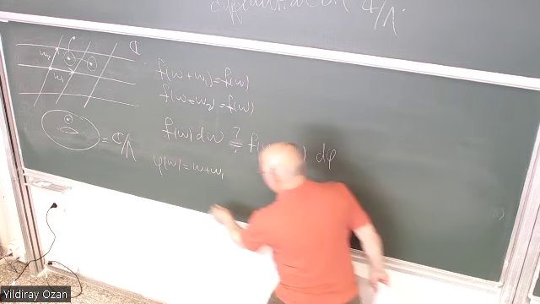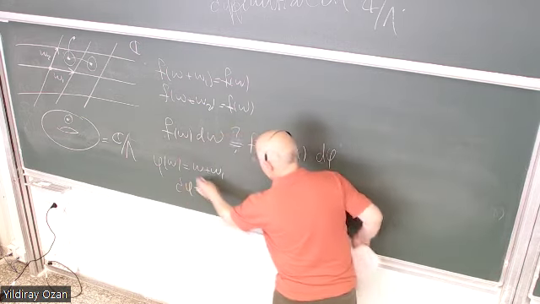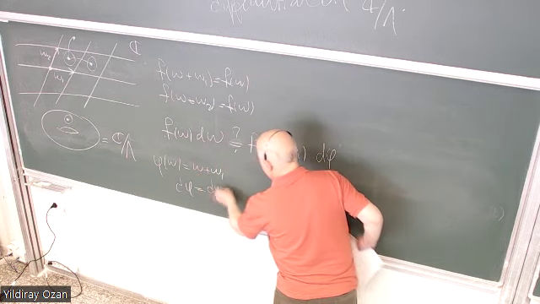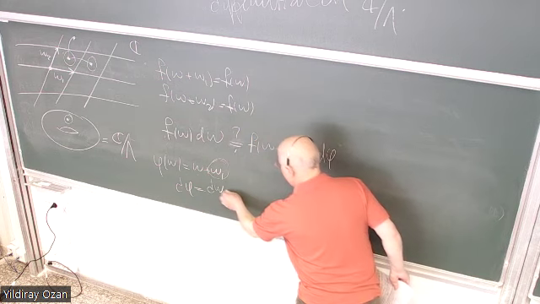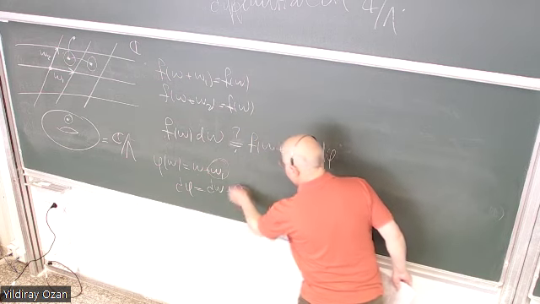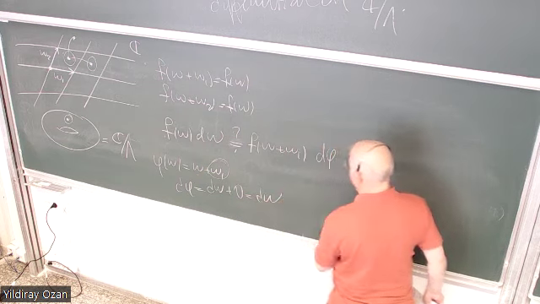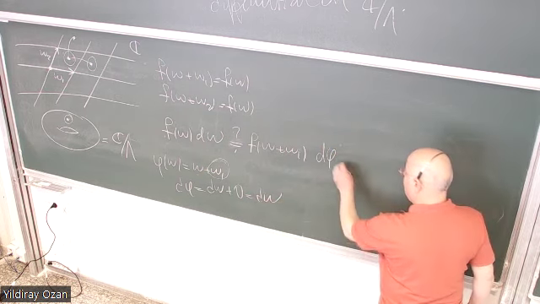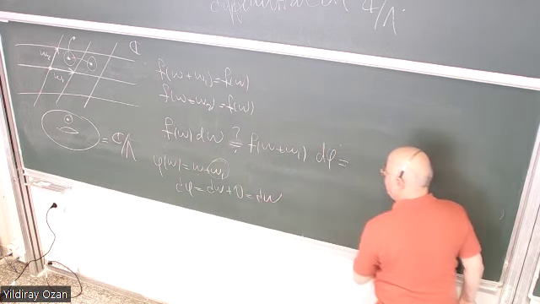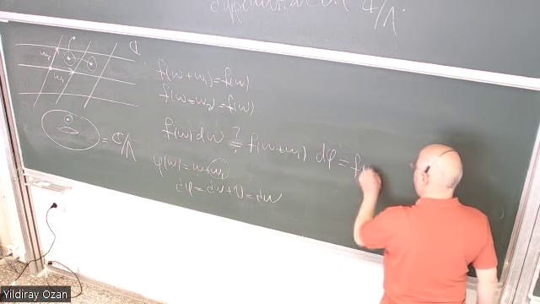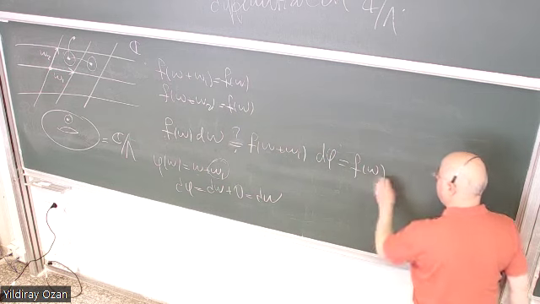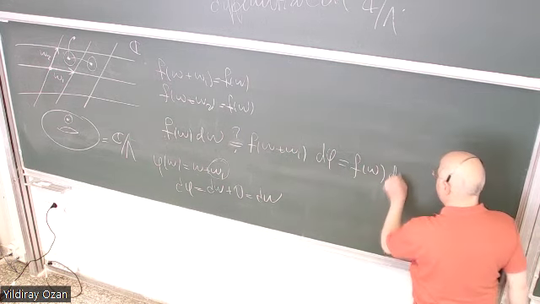What is d phi? d phi is just d of this, but this is a constant, right? So plus 0. So this is just dw. Therefore, and this is meromorphic, doubly periodic. So this is just f of w, and then this thing is just again dw.